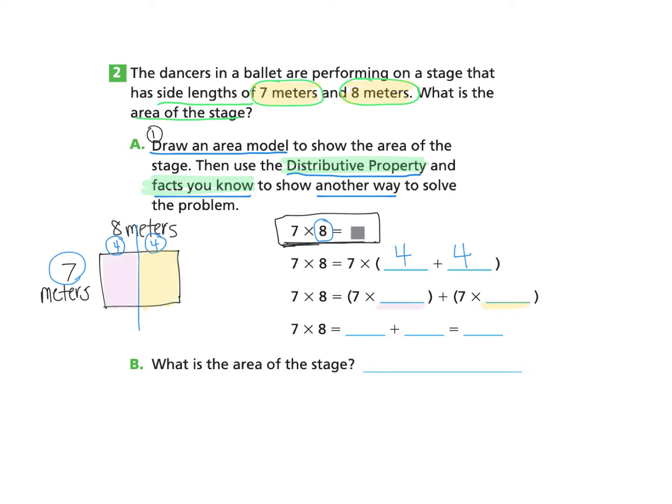Now that we have created 2 different arrays, I have colored them pink and yellow to help visualize and understand which array I'm talking about. So let's take a look at the pink one first.